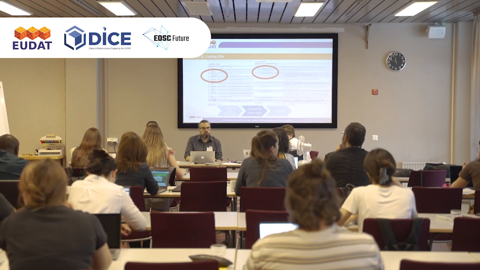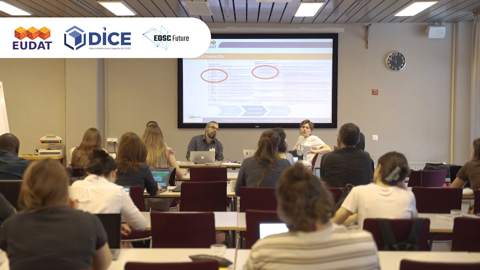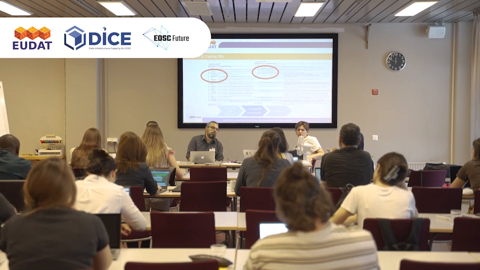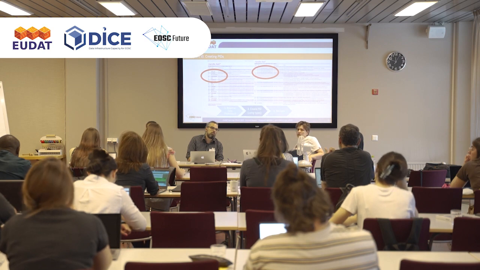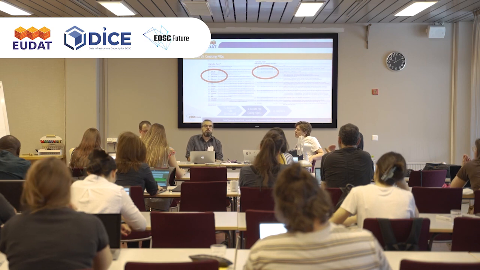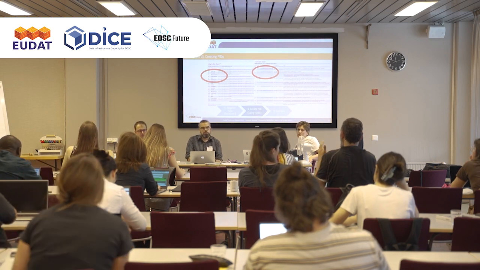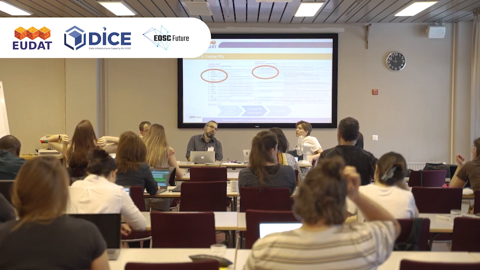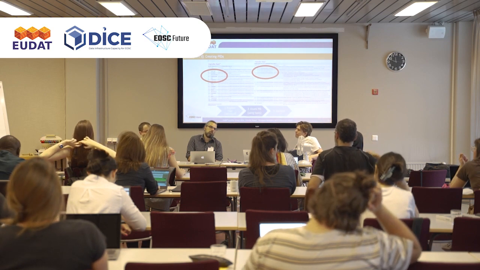Again, question. So this PID profile, are we defining a profile for the type of PID so that people can register different PIDs based on this profile? Or is it a profile for a specific PID which points to specific data?